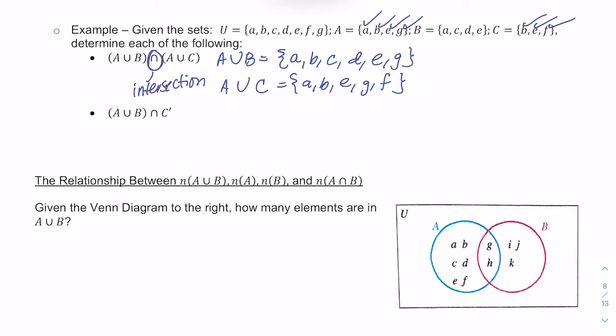So where do they intersect? So let's see. We've got an A, a B, an E, and a G. So the final answer would be A, B, E, and G.